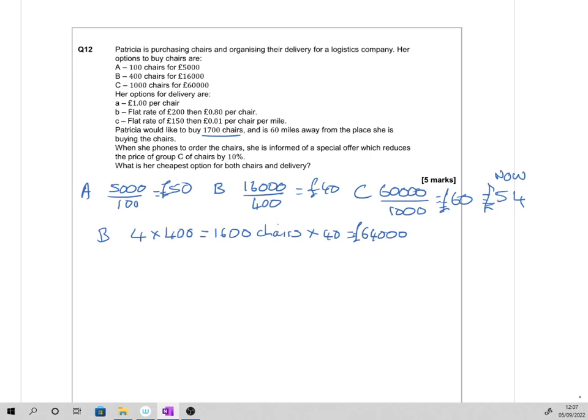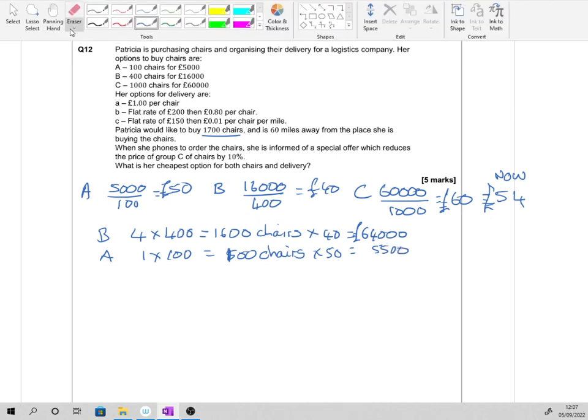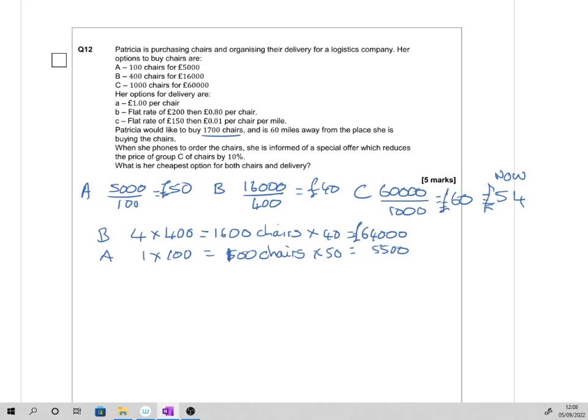But we still need another 100 chairs, which is £5,000. I've gone wrong.